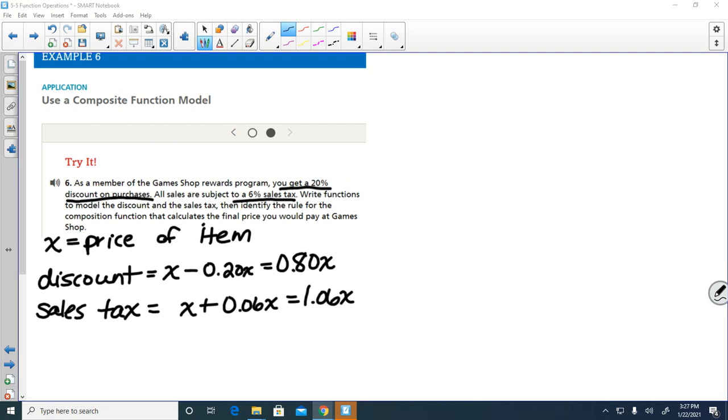So that means that the discount happens first, and then I take the sales tax of whatever the discount was. So I'm going to have the sales tax of the discount of x, of the price of the item. Hey, look, that's a composition.